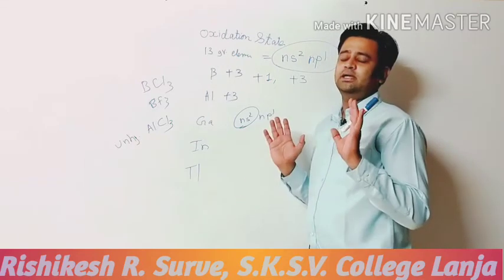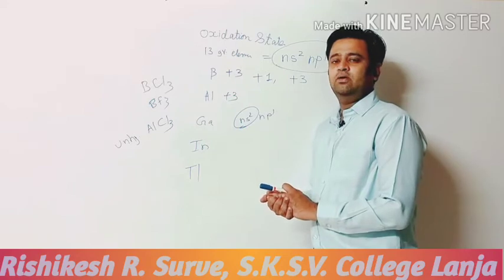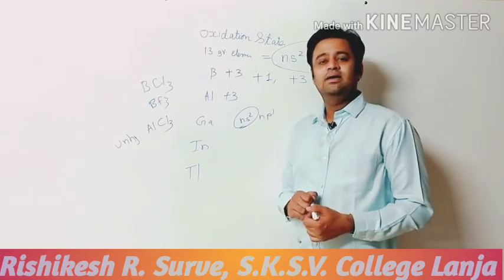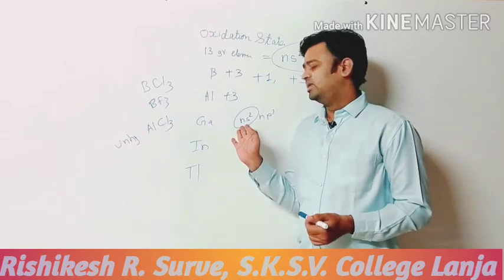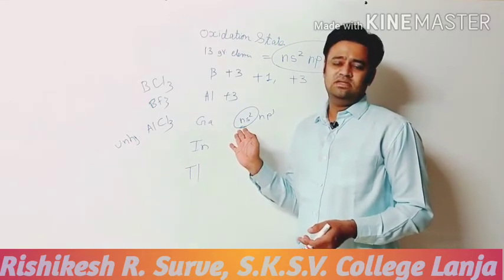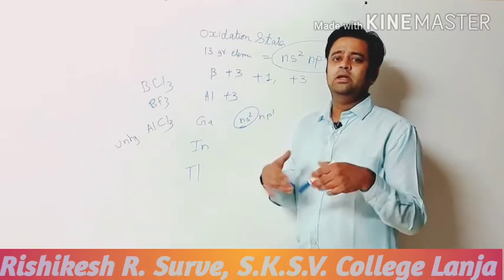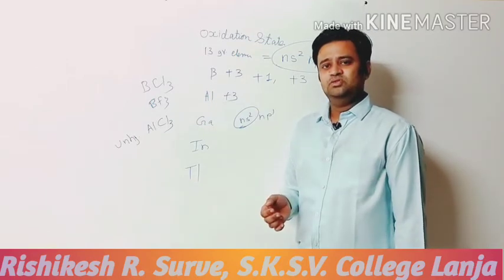They just get relaxed. You may call them sleeping electrons, right? Most of the time they do not take part in bond formation. It requires more and more energy to get excited.